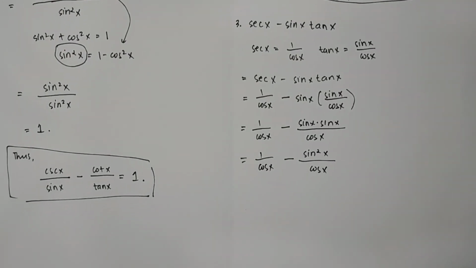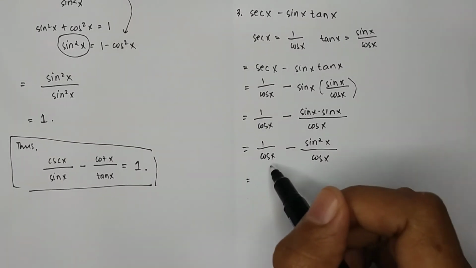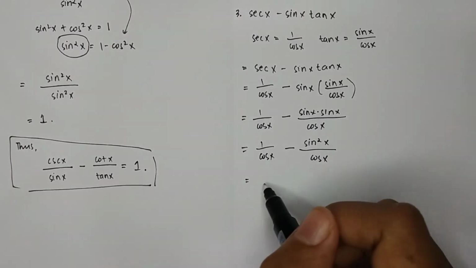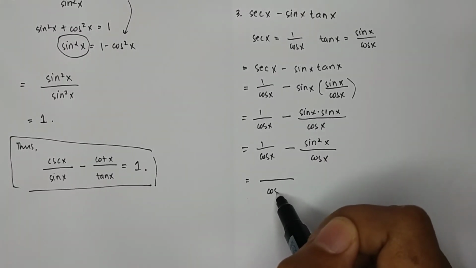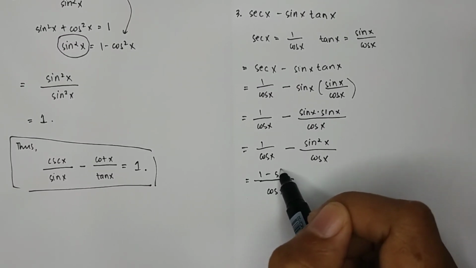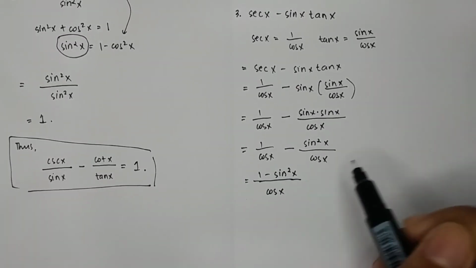Since the denominators are the same, we copy the common denominator, cosine x, and copy the numerator. That will be 1 minus sine squared x.